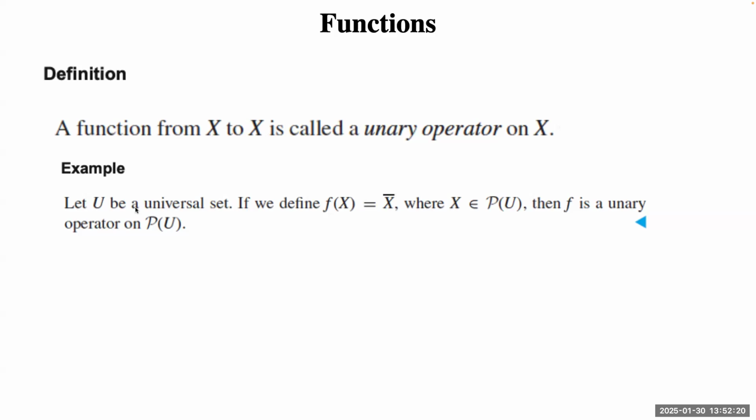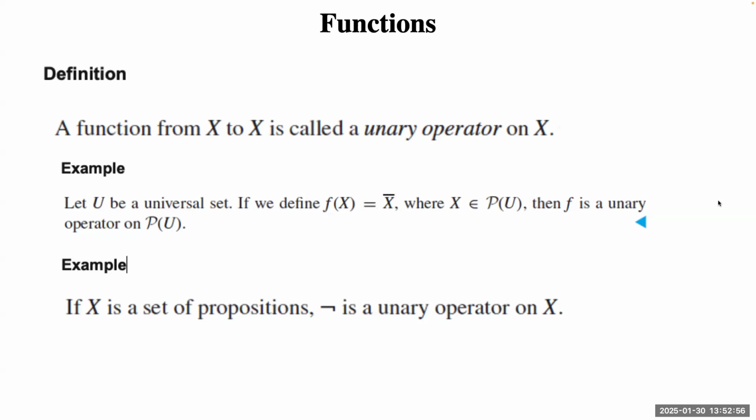In other words, all subsets of U make up the domain of the function. So plug in any subset X, and the resultant value is X bar, the complement. Remember that X bar union X gives you the whole U. But it's a unary function: one in, one out.